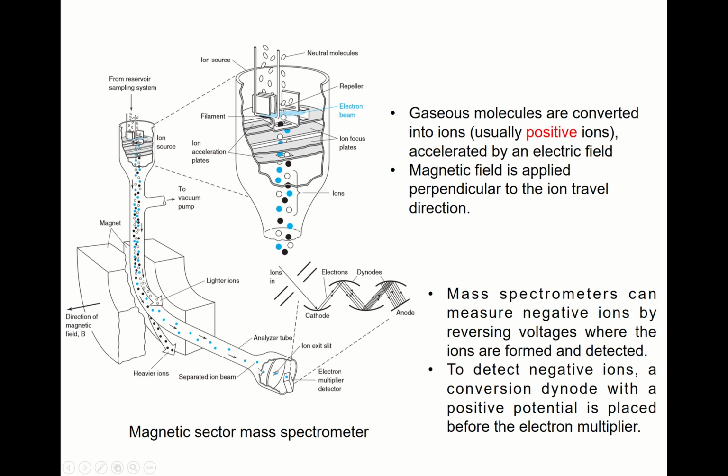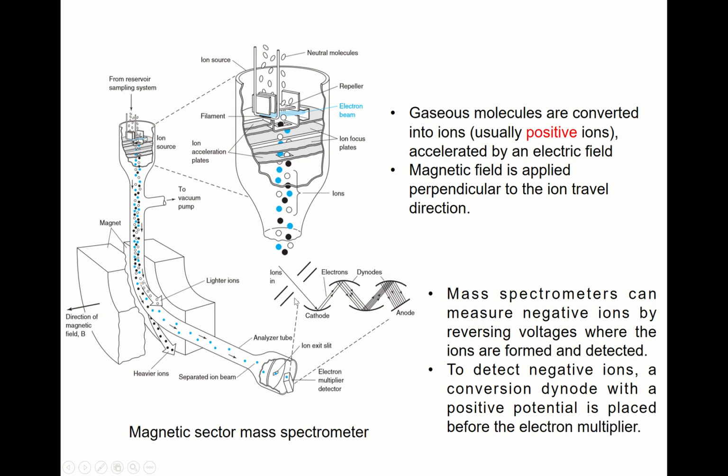And then depending on some variables, only selected mass to charge species enter a detector, okay. And usually, an electron multiplier detector is used, yeah? But this is one of several detectors, okay.